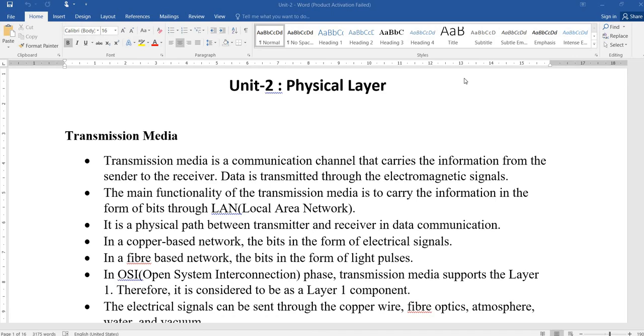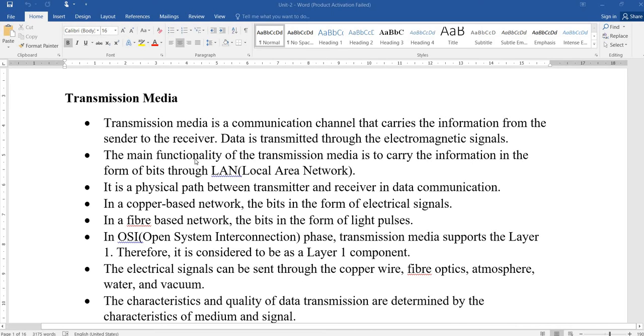So let's go through this physical layer. The physical layer is concerned with the transmission media first. Let me explain the transmission media. Under this, we have different types, like guided or unguided media.